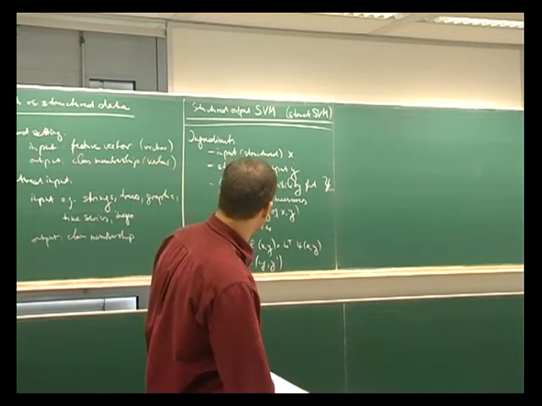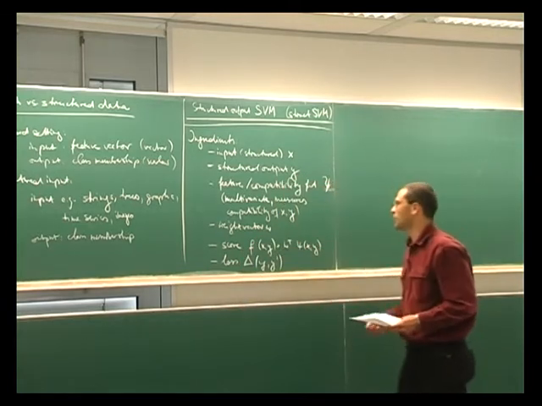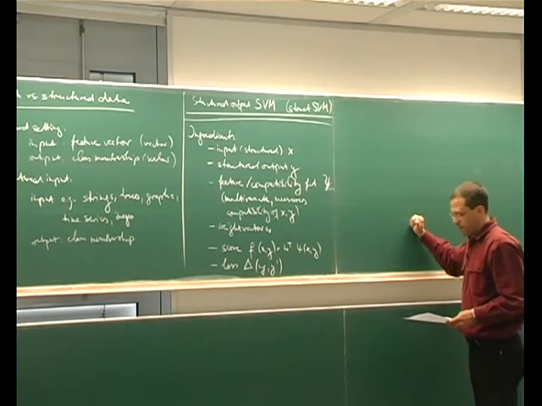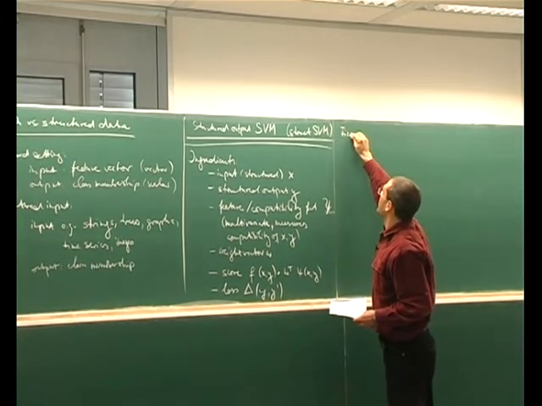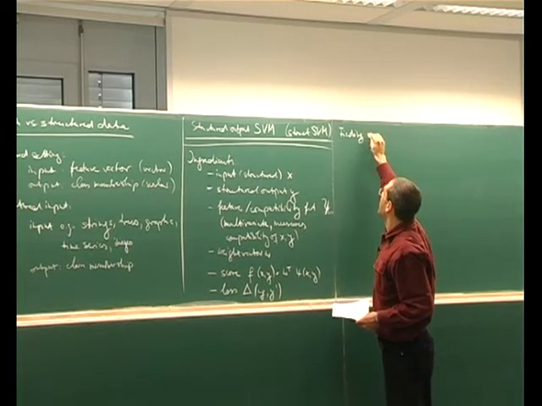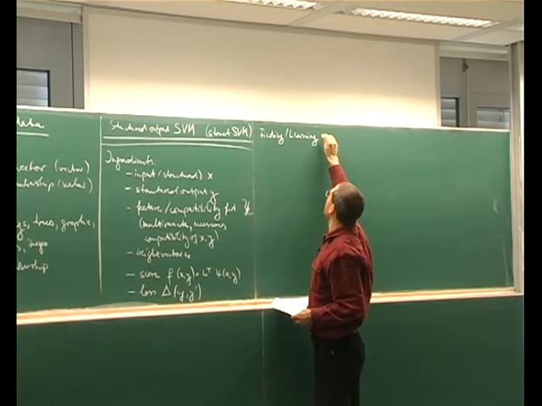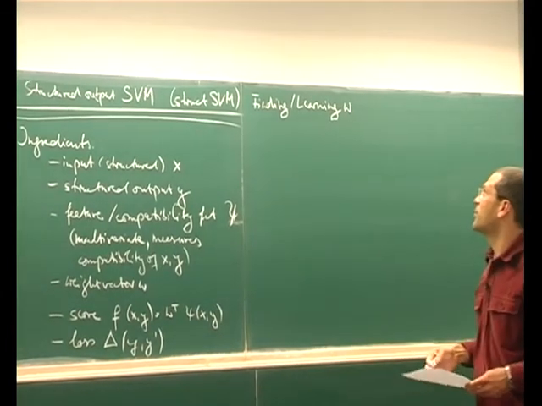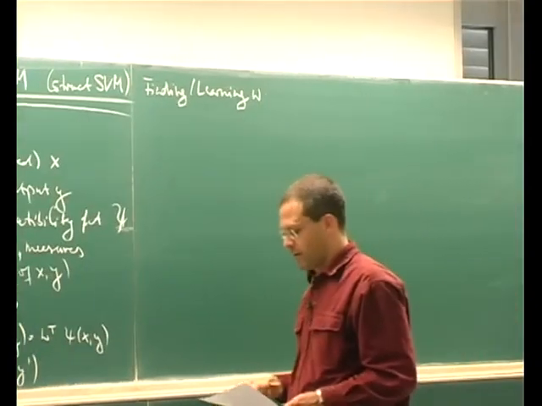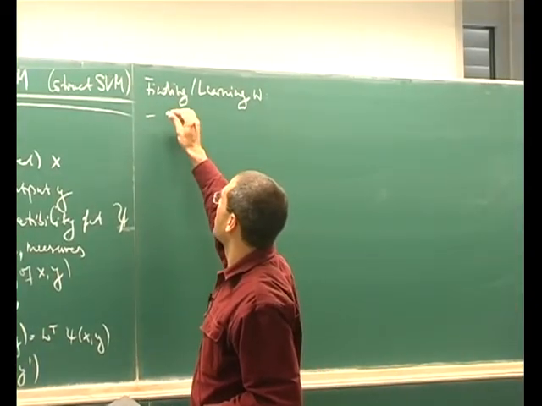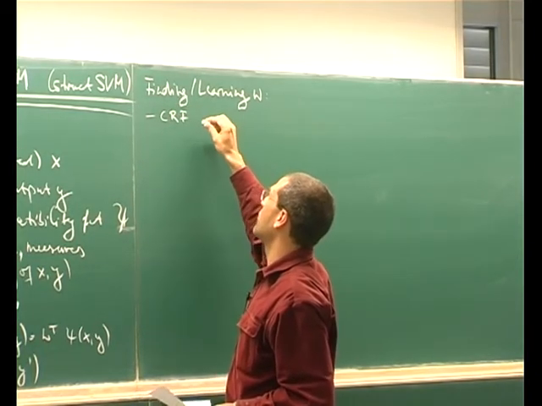Now, in learning, our task will be to find this weight vector W, and different strategies are being used to find this vector W. Namely, on the one hand, people use conditional random fields, or discriminative random fields.